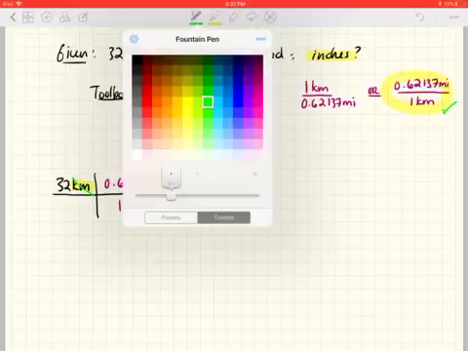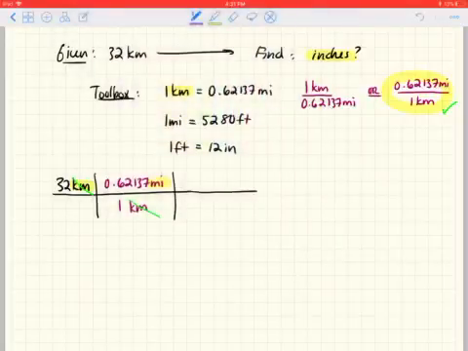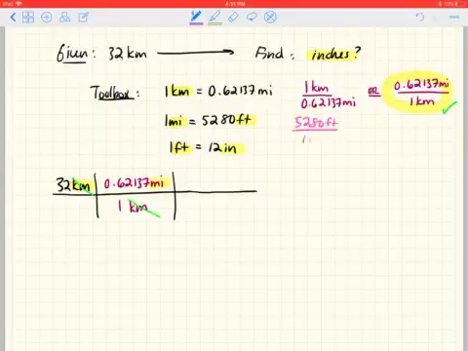Continuing on now with the rest of the problem, I am at miles, and my next part is going from miles to a step closer to inches. If I go back to my toolbox, I notice that I have miles right there, and I can go from miles to feet, and then later on I can go from feet to inches to get to my final destination. Same thing here, I'm going to set up my conversion factors. I can either set it up as 5,280 feet over 1 mile, or I can flip it and have 1 mile on the top and 5,280 feet on the bottom.